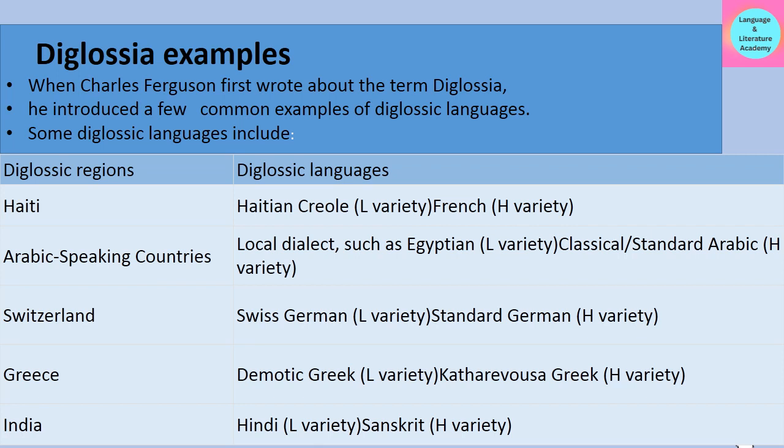In Greece, Demotic Greek is considered a low variety, and Katharevousa Greek is considered an H variety. In India, Hindi is a low variety, and Sanskrit is considered an H variety.